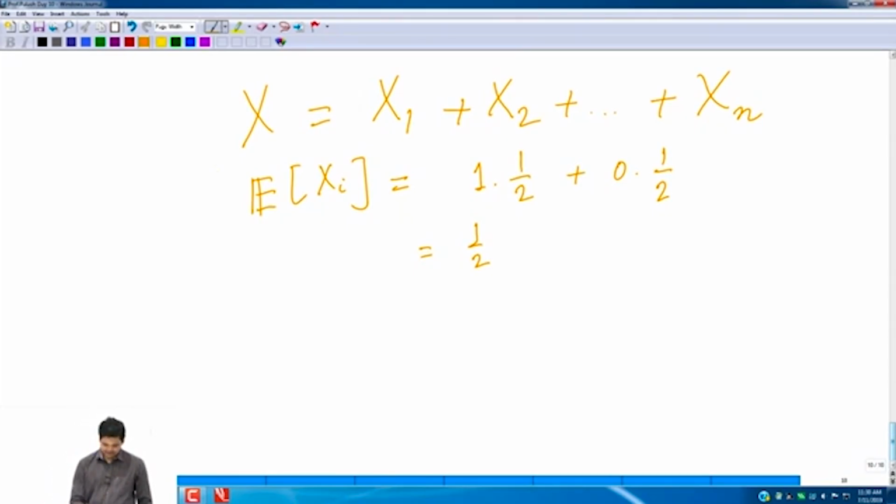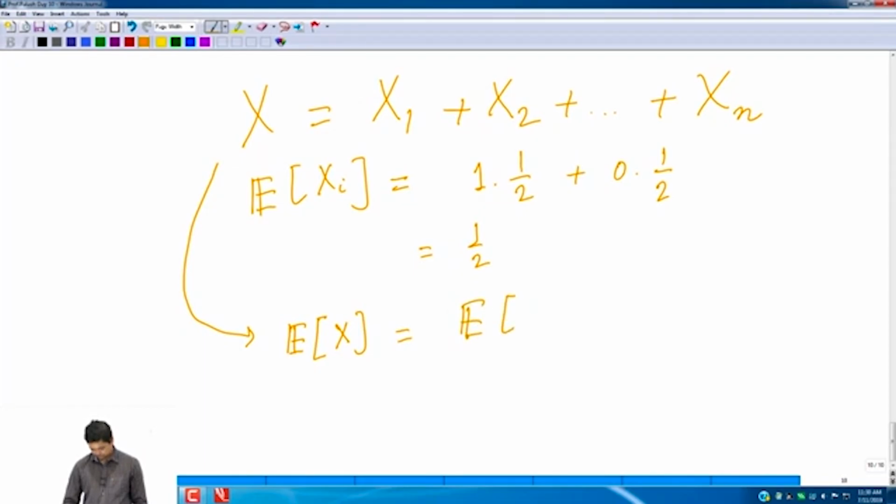And now what linearity of expectation allows us to do is that expectation of x is of course this, because x is x1 plus x2 up to xn, and linearity of expectation says that you can push expectation inside.